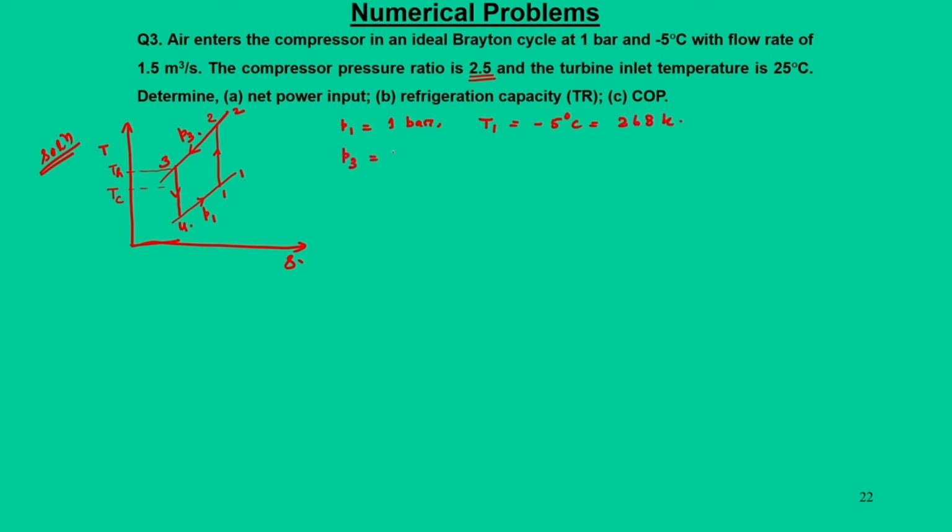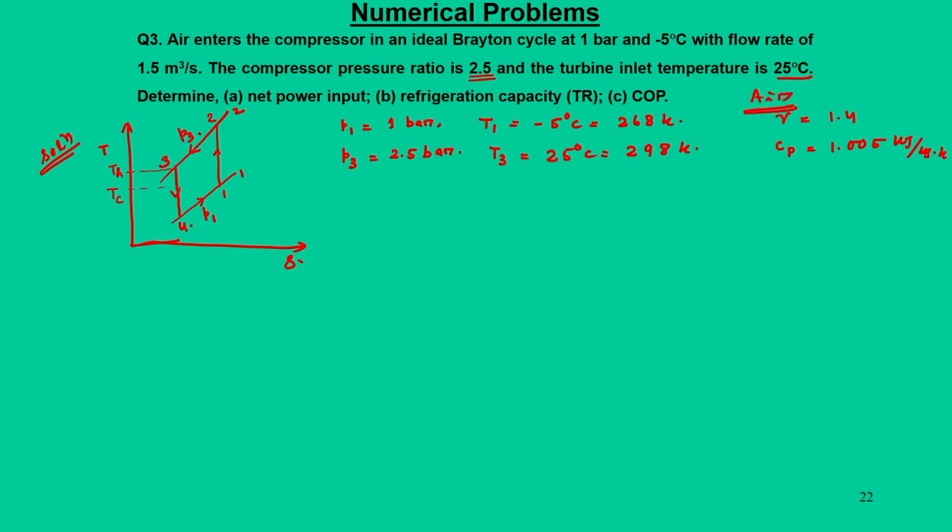P3 is equal to 2.5 bar and T3 is equal to 25 degree centigrade, so that is 298 Kelvin. For air we can take gamma as 1.4, Cp as 1.005 kilojoule per kg Kelvin. So, this data you require for air.